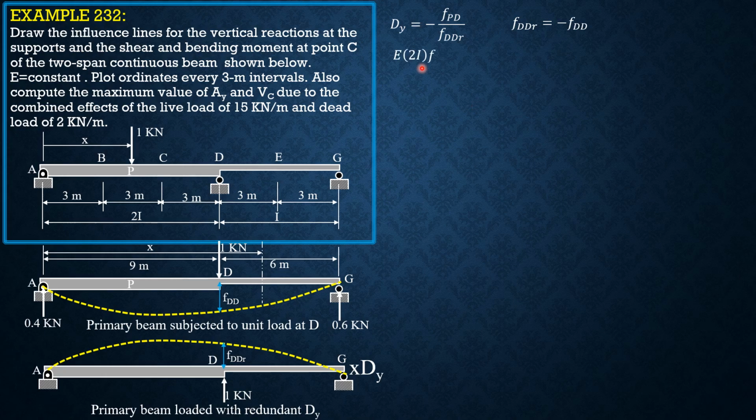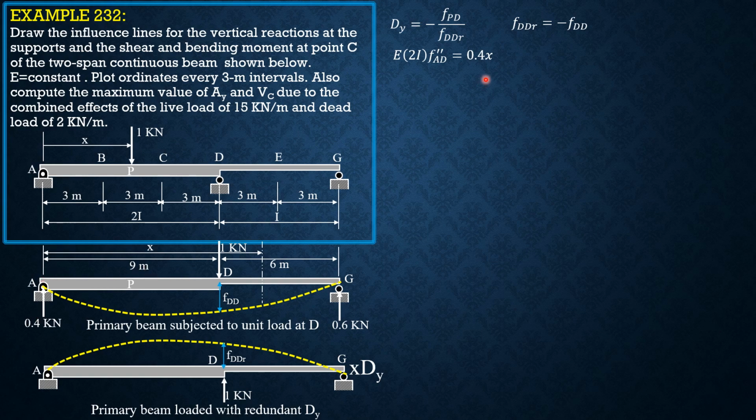So by double integration, I present double integration here for portion AD. So E times 2I, because moment of inertia is 2I, of F_AD double prime equals 0.4 of x, imagine this is our sectioning. The moment equation for the portion AD, the distance is x from A, so 0.4 times x.